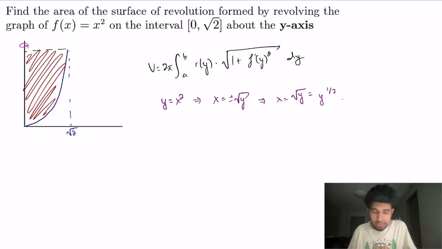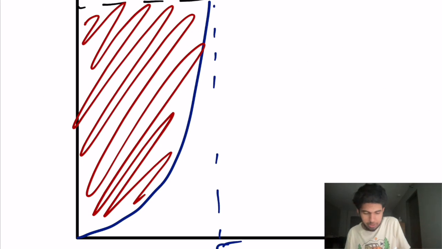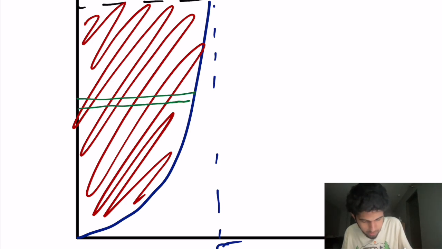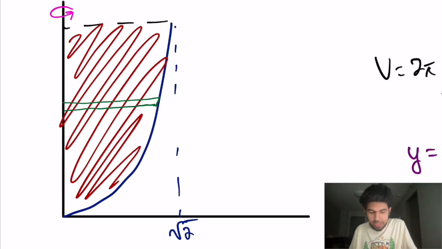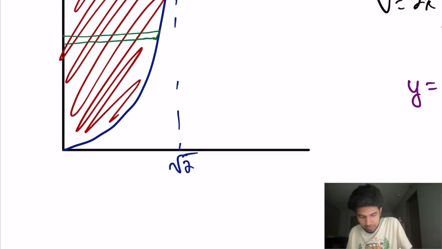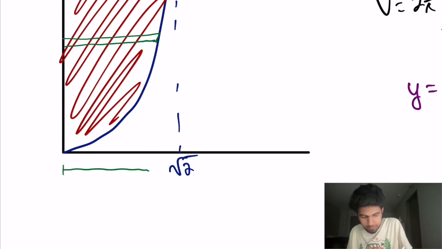Now we have to find the radius, so for that we can draw our little shape here. And the radius is going to be that distance, because remember, that's only half of the actual circle. It gets revolved around the entire y-axis.